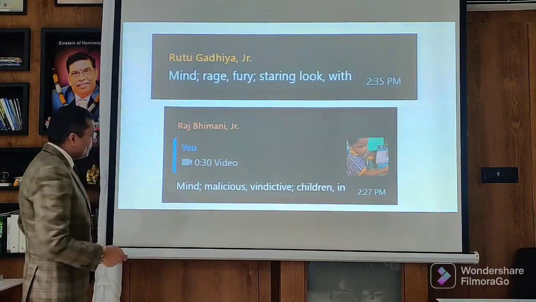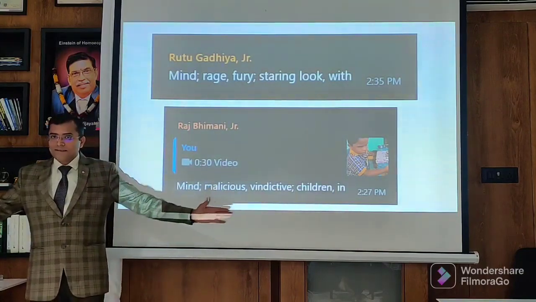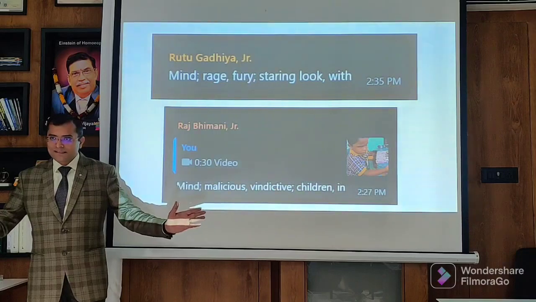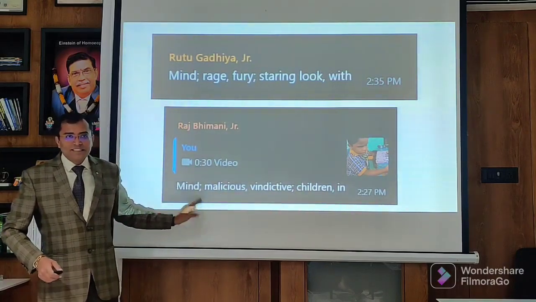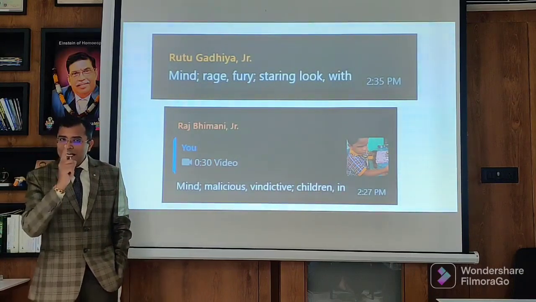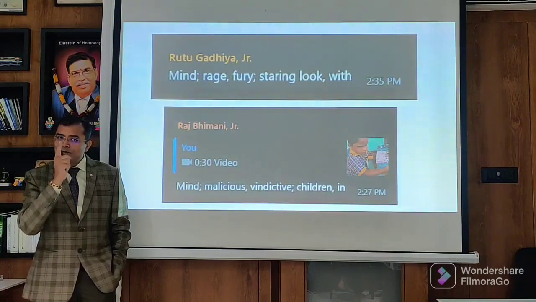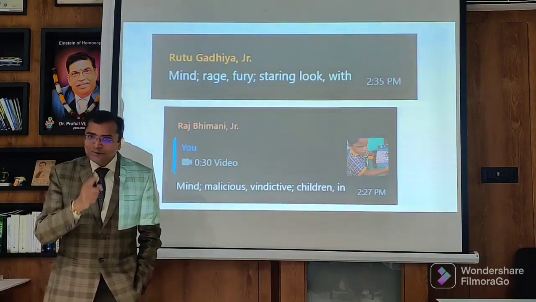Dr. Raj has said malicious, vindictive, children. What is that? A very important rubric, though the general rubric was taken. What he wants to tell you is, I am going to show you, I won't leave you, for sure.